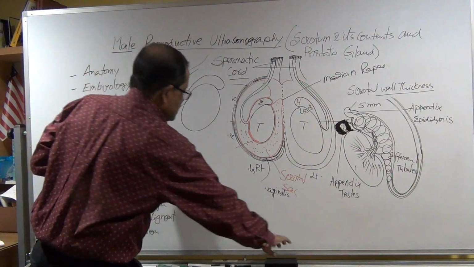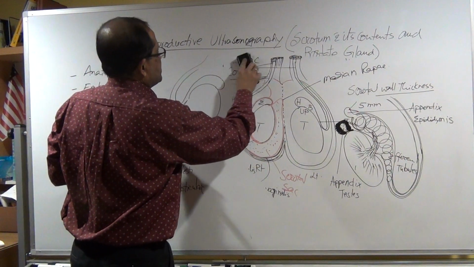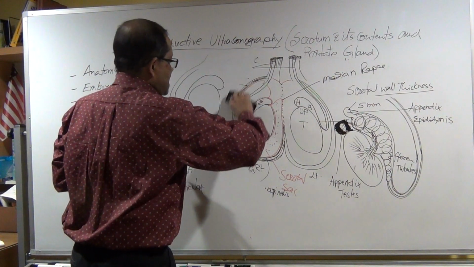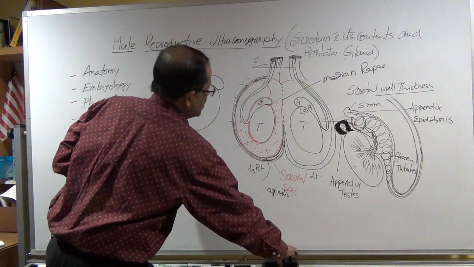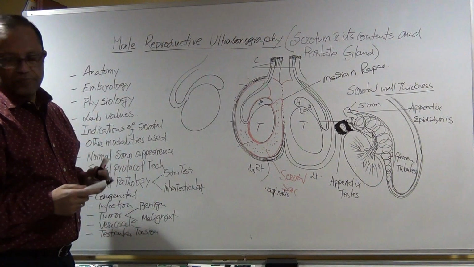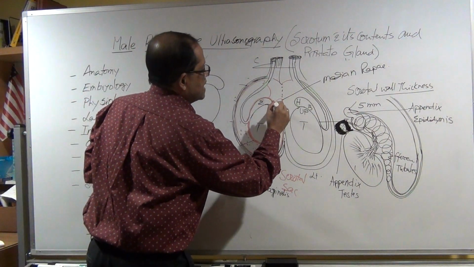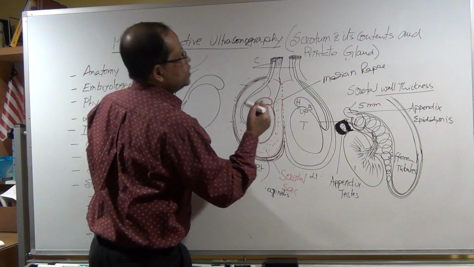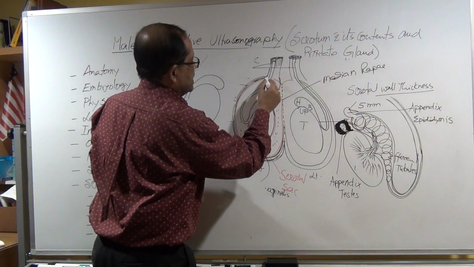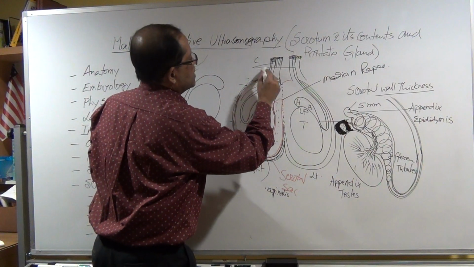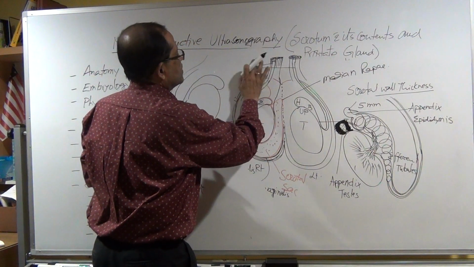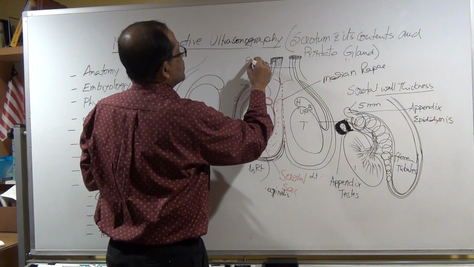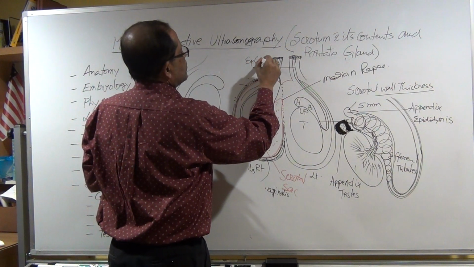This testis and epididymis is hanging inside the scrotum. Look at here. With what is it hanging? It is hanging by the spermatic cord.